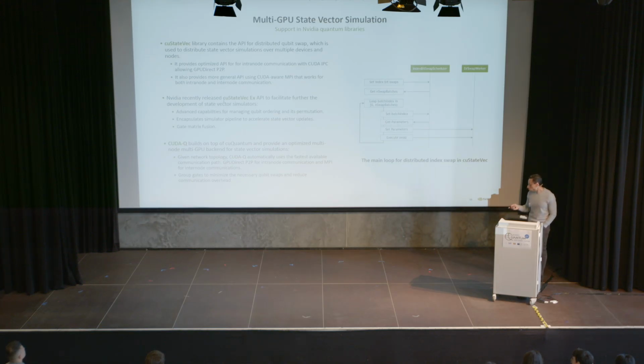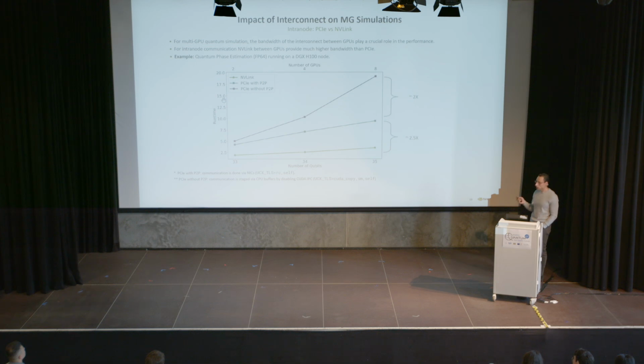And this communication overhead becomes indeed the bottleneck for these multi-GPU simulations, because each of these qubit swaps exchanges almost entirely the state vector between the GPUs, and that happens multiple times during the simulation. So the bandwidth of the interconnect between the GPUs plays an important role for the runtime of these simulations.